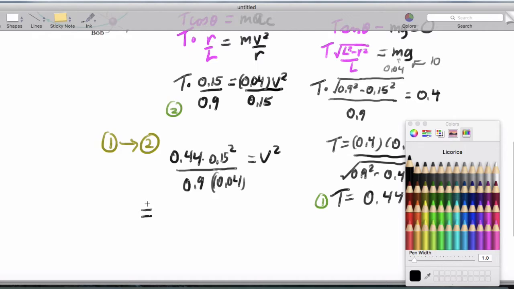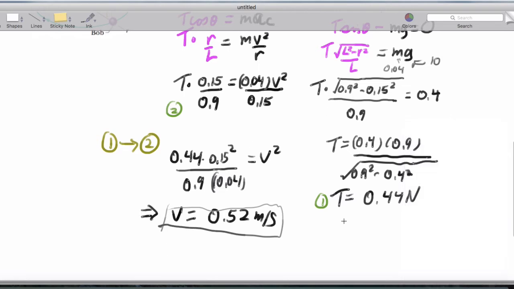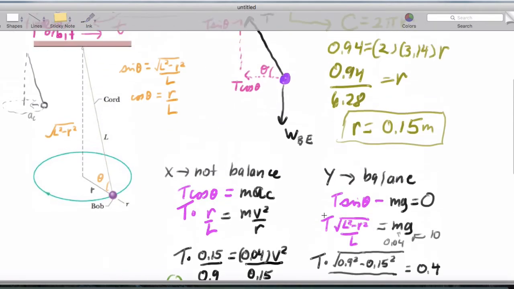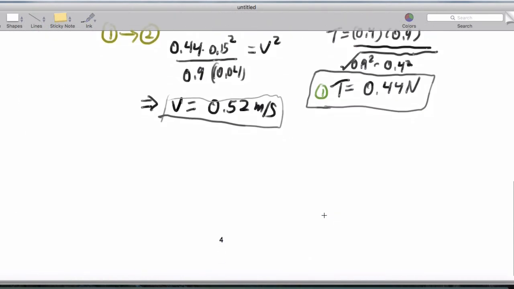So I'm here getting a speed of, so I got V is equal to 0.52 meters per second. If you've got 0.54, 0.51, or 0.53, you're fine. So that's what I got for the speed. And this is what I got for the tension. And looks like that is question number 4.